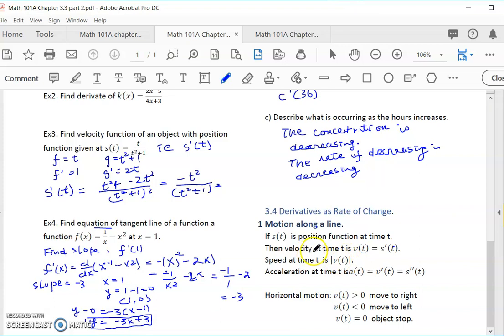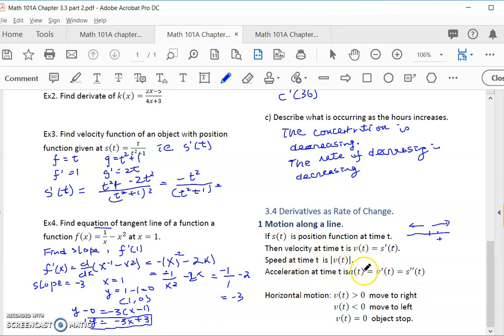Velocity has positive and negative. It can be going backward and forward. So normally we would say to the right is forward, to the left is backward. So that's velocity. Negative and positive has meaning, but speed doesn't. It just means how fast you're going.